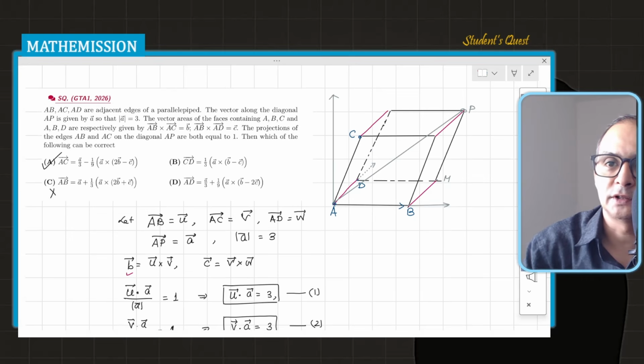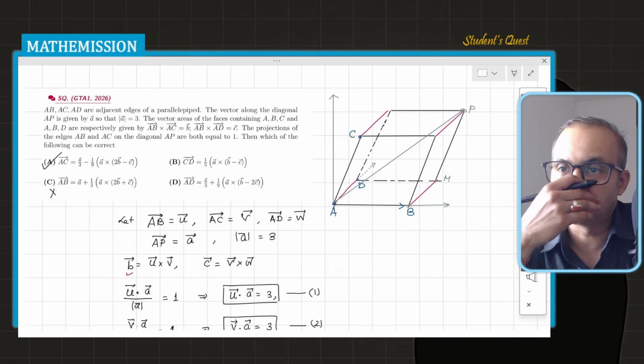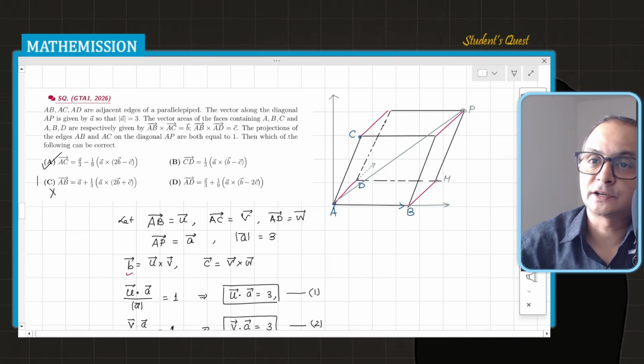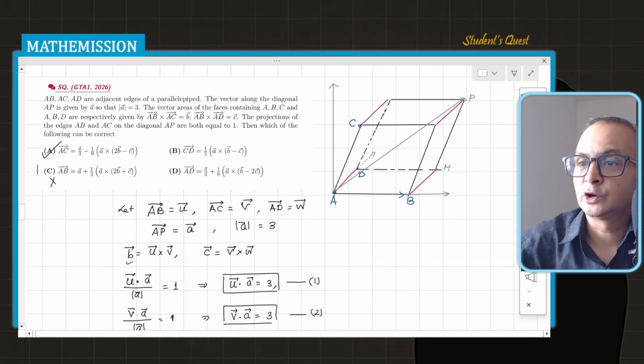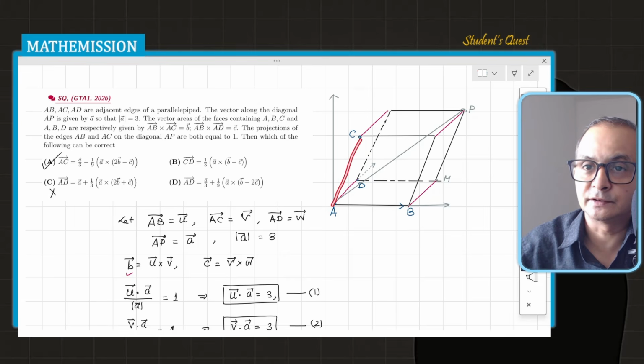So we got the first option. Now in order to find the other options like the CD vector, how do we find it? You can notice the CD is nothing but what? We have the AD vector, we have the AC vector.